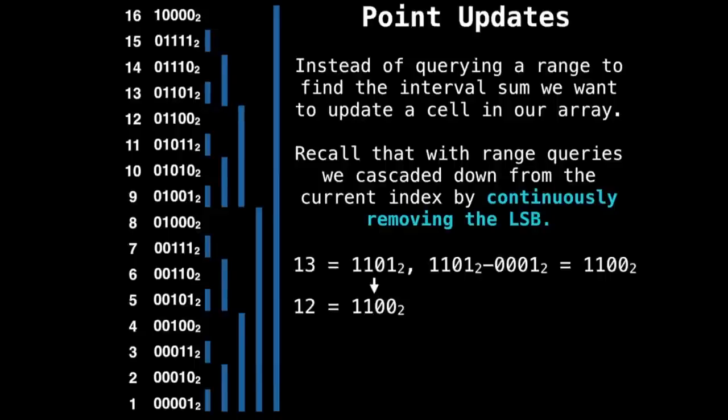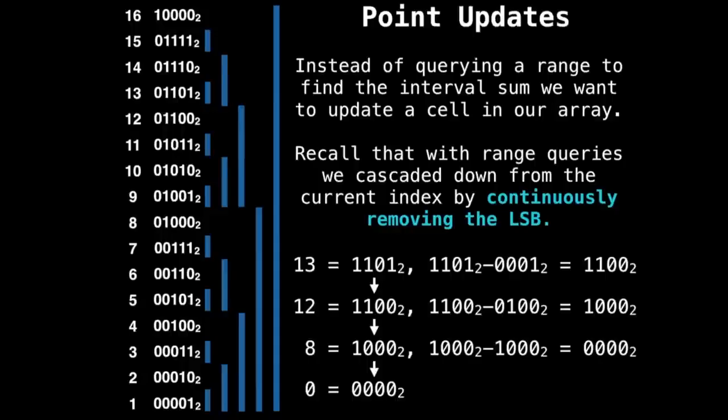Well, 13's least significant bit was 1, so we removed 1, and then we got 12. The least significant bit of 12 was 4, so we removed 4, and then the least significant bit of 8 was 8, and then we reach 0. And once we reach 0, we know that we're done.